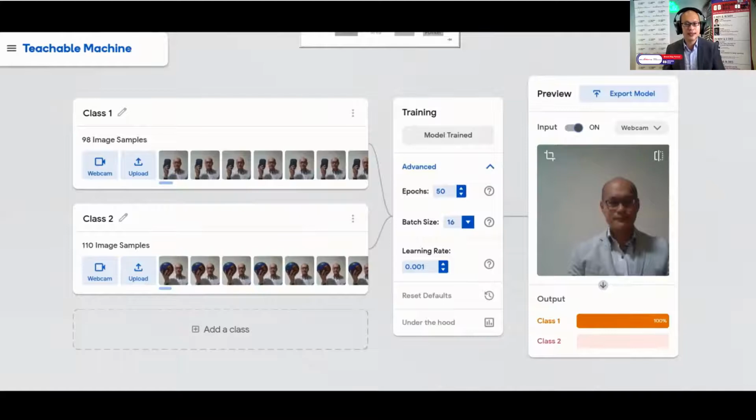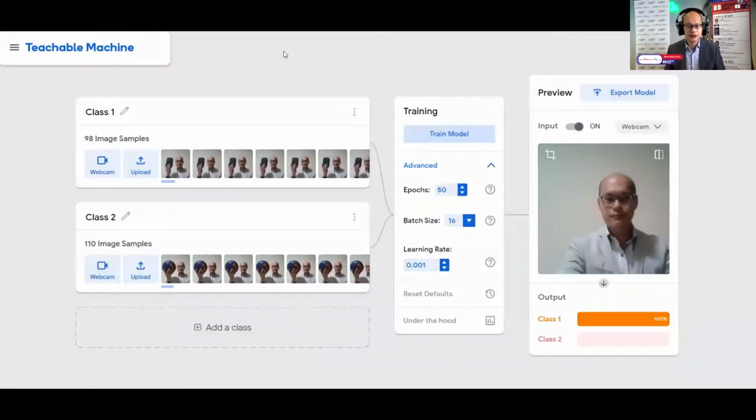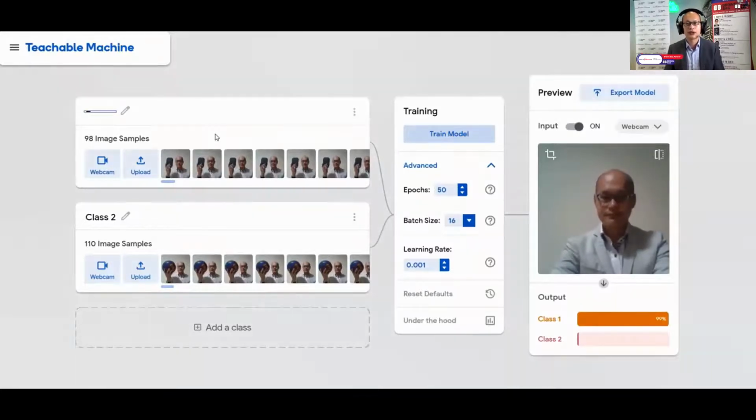So in this case, it is somewhat easy to see that there is immediately an error being generated. What we can do to resolve this error is add in one new class called the background class, which is what I'm going to do now.